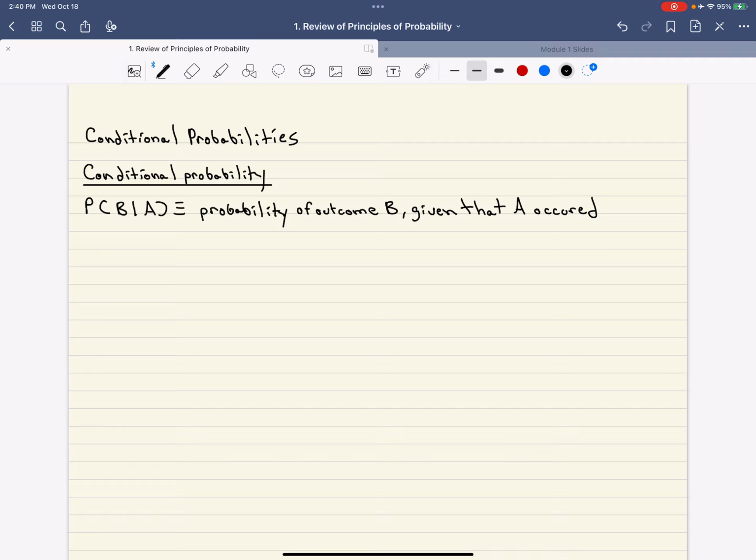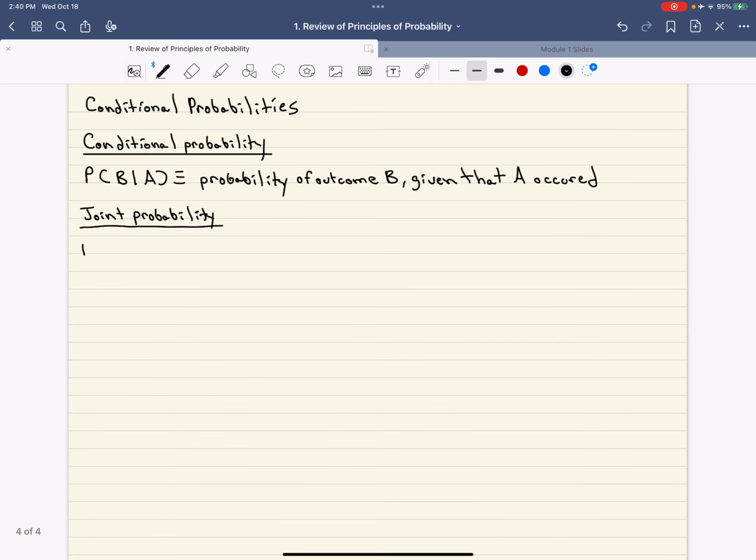Another term I want to define is the joint probability. Here, we would look at the probability that some outcomes A and B occur, which is something we looked at before.